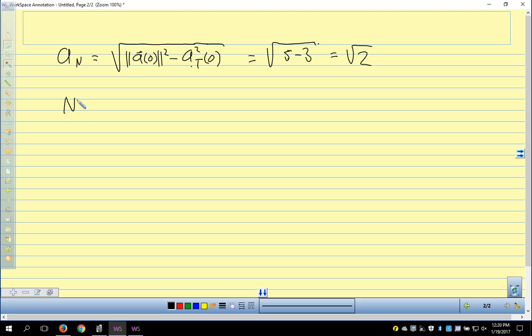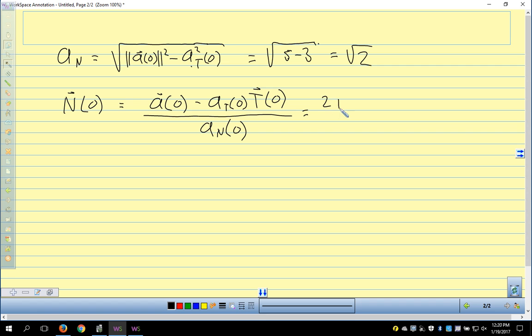And then finally our unit normal vector at 0 is going to be the acceleration at 0 minus a sub t at 0 times our unit tangent vector at 0 all over a sub n at 0.